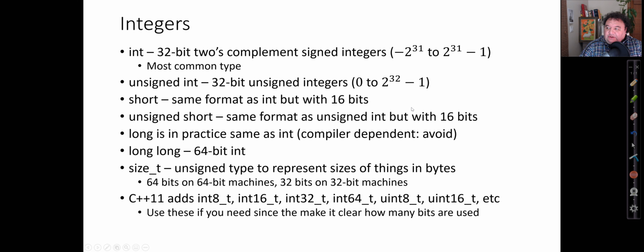Integers, and we'll talk about floats in another module. Integers can be represented by different numbers of bytes. The most common type, int, can be formed of 32 bits, which is 4 bytes, and in that case, if it's signed, the range of values would be from -2 to the 31 to 2 to the 31 minus 1.